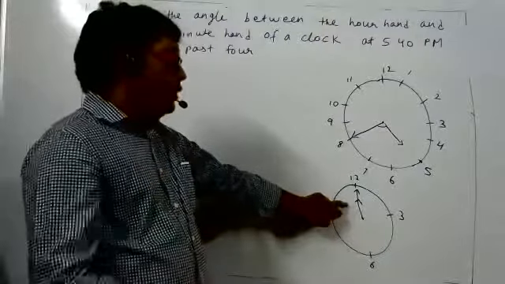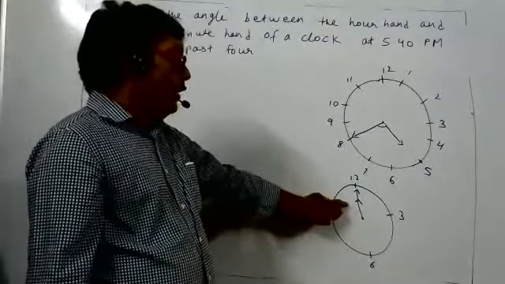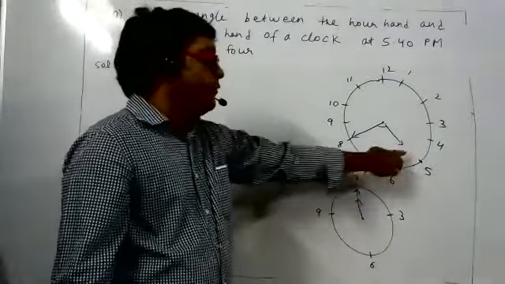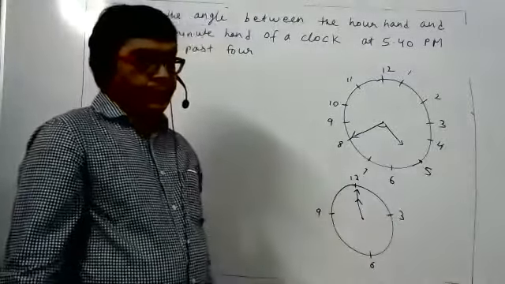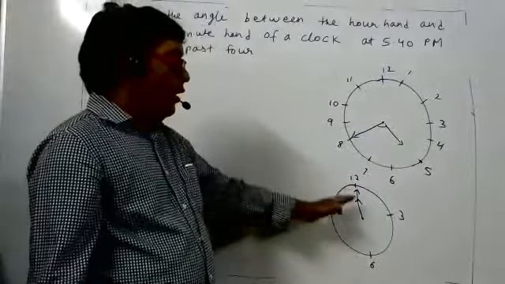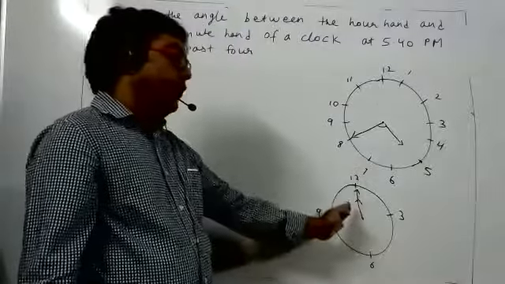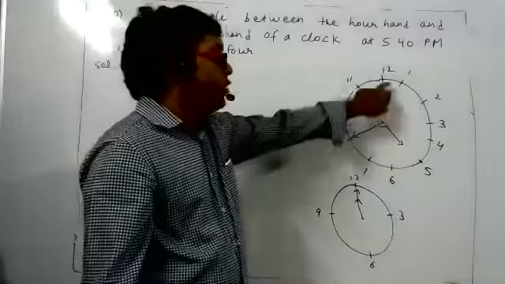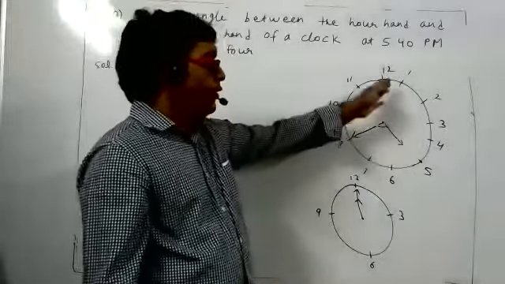Now, if it is 12 o'clock, then our hour hand has to move how many hours to reach 5? Because actual time is 5:40 now. From 12, the hour hand and the minute hand are both at 12, but the actual time is 5:40. So our hand has to move 5 hours.